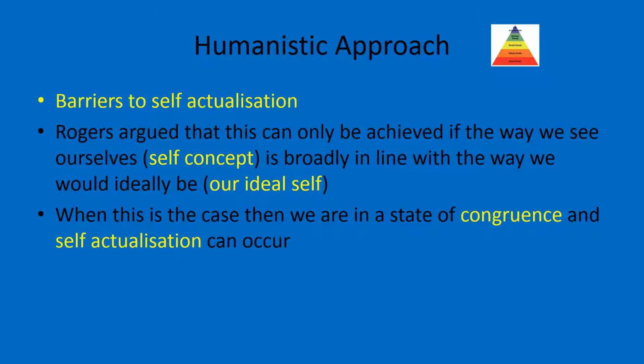Okay, so the barriers to self-actualization then, well, according to Rogers, there are two things going on here. We have what he called our self-concept, and our self-concept is the way that we see ourselves. The way that we see ourselves is based on all manner of things, really.